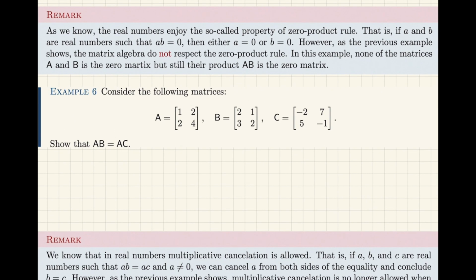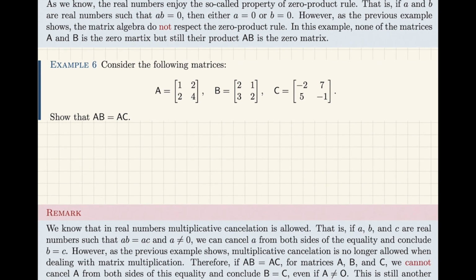But at least here I want to convince you that you are not allowed to think that I can cancel A from both sides. First of all, let us confirm that these two are indeed the same for these particular matrices that I have engineered to work actually.